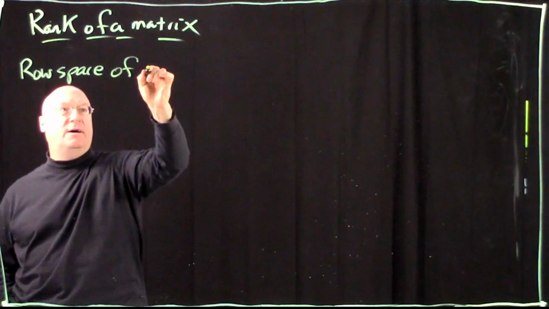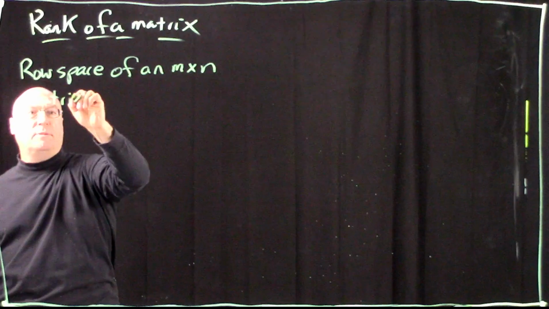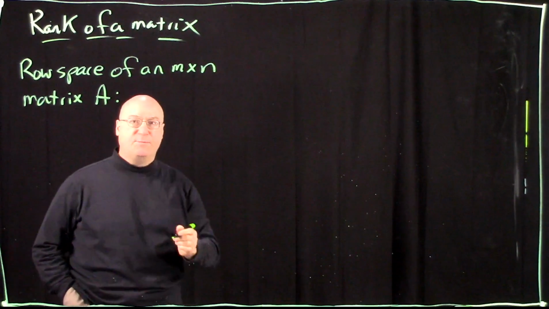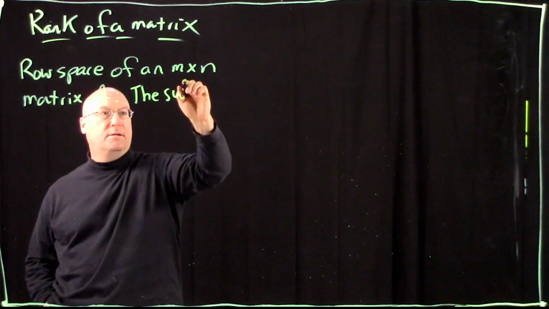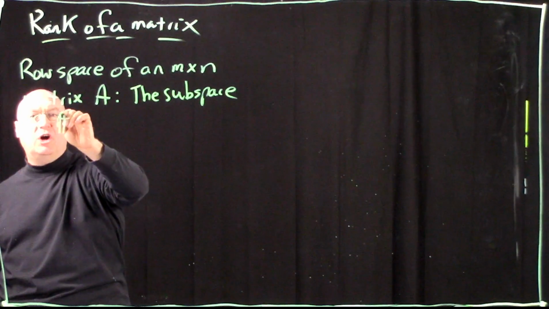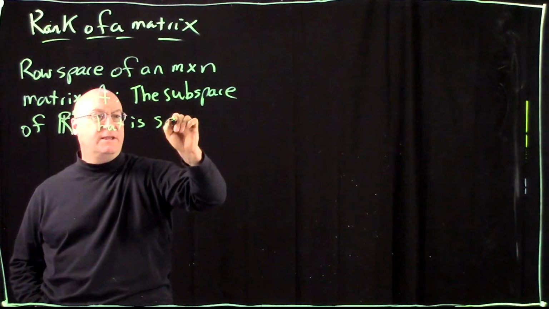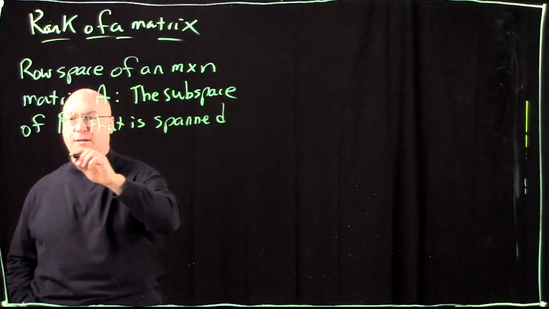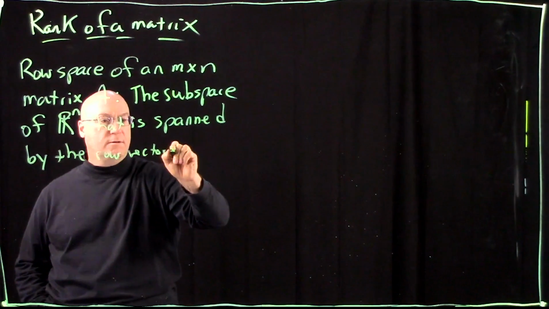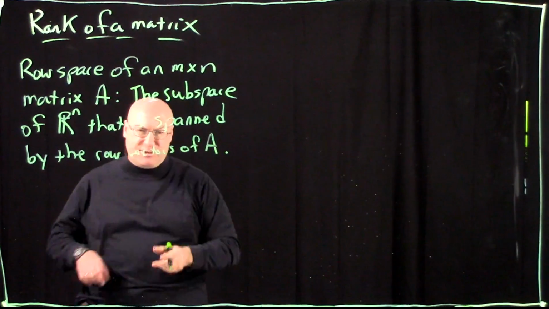The row space of an m by n matrix A is simply the subspace of R^n that is spanned by the row vectors of A. And what I mean by row vectors is the vectors that go along the rows.